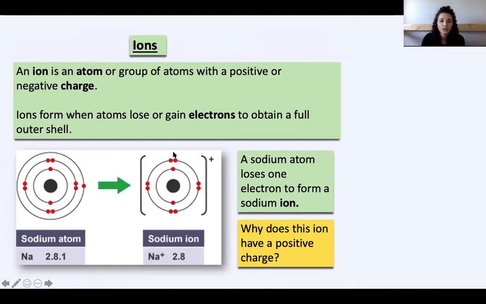And because it's lost an electron, and electrons have a negative charge, the sodium atom has a positive charge, a positive 1 charge. Okay? So if you could now pause the video, copy out that diagram showing how a sodium ion is forming. If you could answer that question in the yellow box, that would be great.